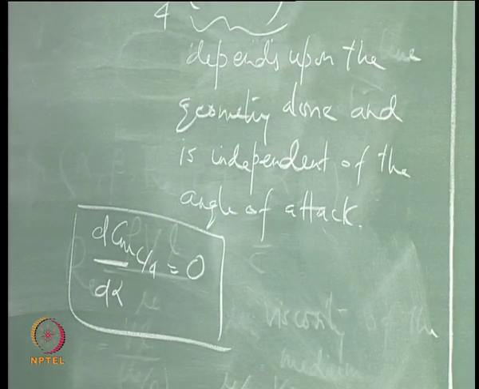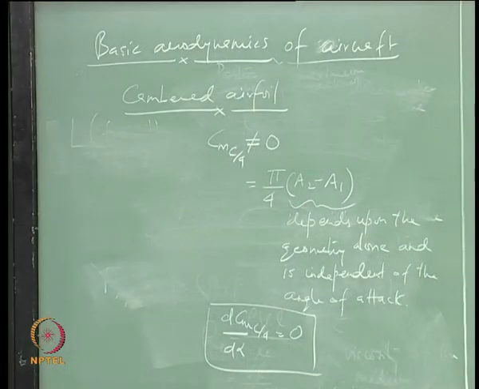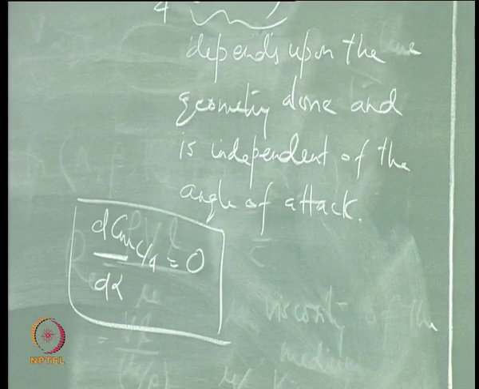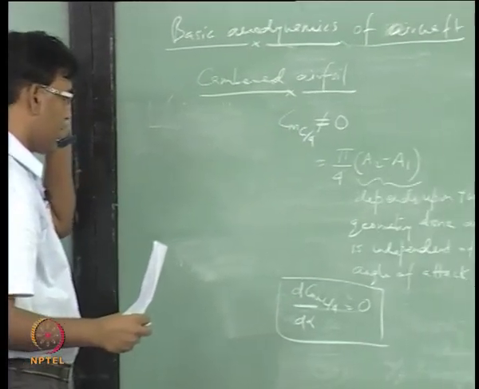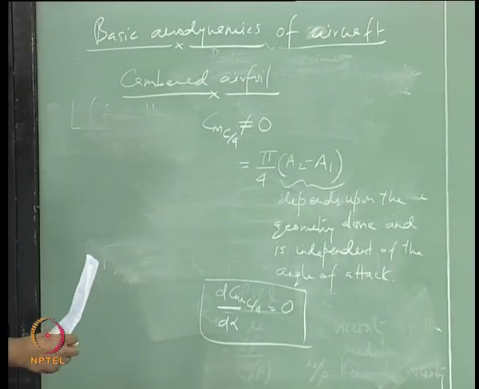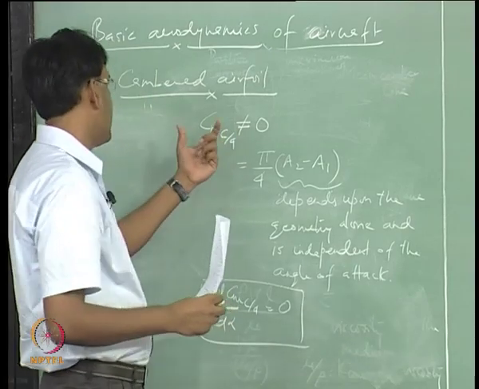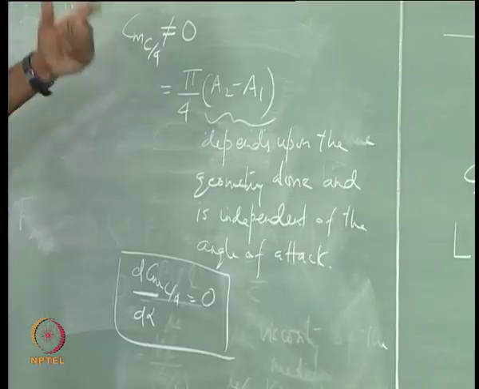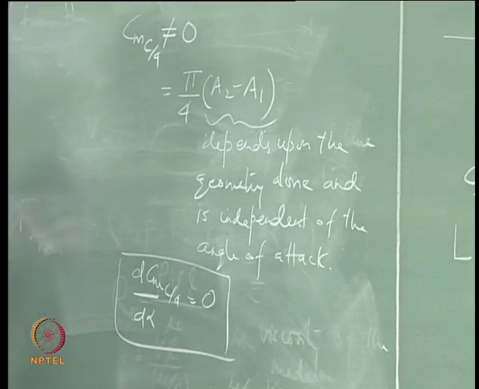So, what it means is the quarter chord of the airfoil in all three cases can be taken as the aerodynamic center of an airfoil, and this will have some implications which we will see later on. So, Cm at the quarter chord length for the cambered airfoil is not equal to 0.